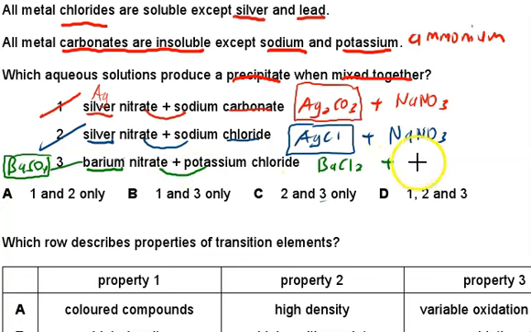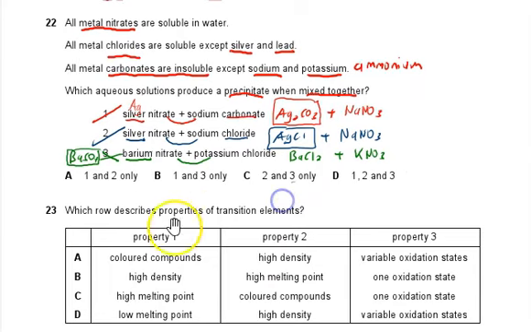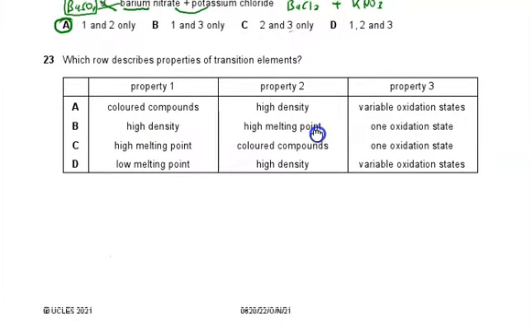We have potassium nitrate here. So both are soluble. So number 3 we cannot include. So your best answer here for this question is 1 and 2, which is A. Now let me look at number 23.